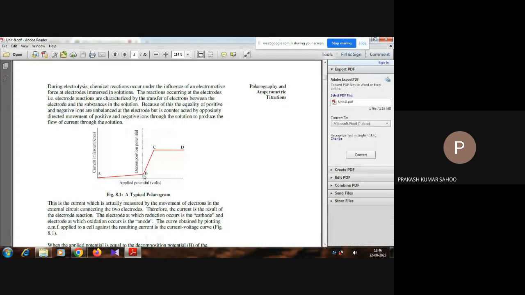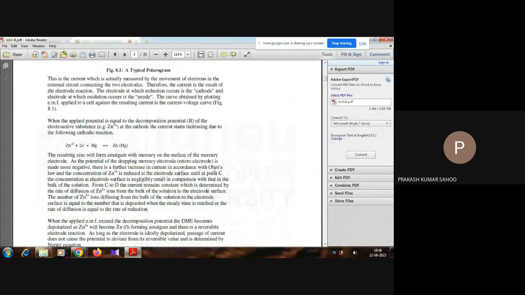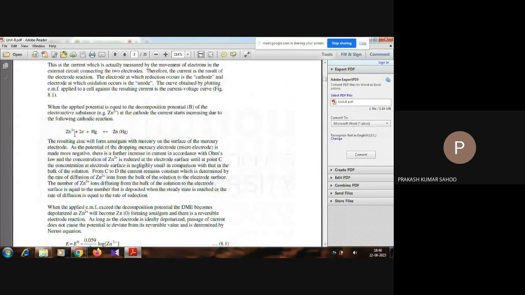This point of sudden increase is known as the deposition potential. Then the zinc is reduced and gets deposited on the mercury electrode, and it forms zinc mercury amalgam.